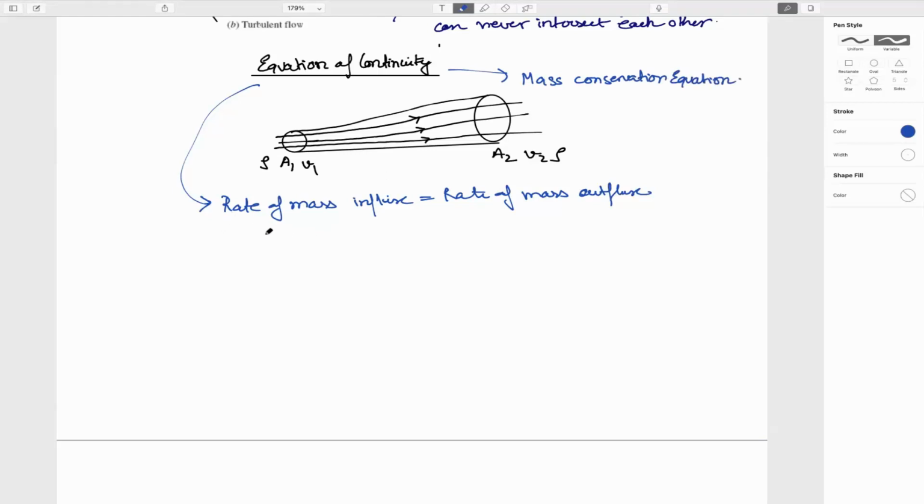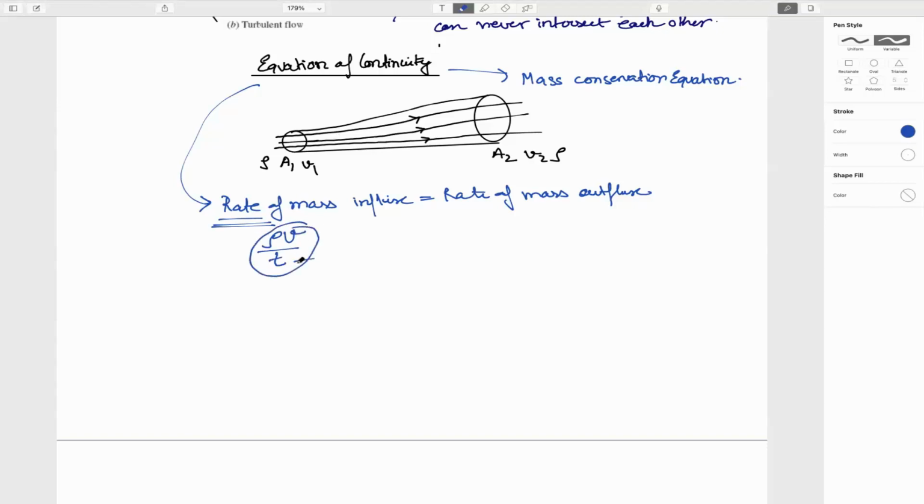The rate of mass influx: what we want is a rate, because we are looking at the rate. Rate means something per unit time. We want rho into the volume that is going inside per unit time.